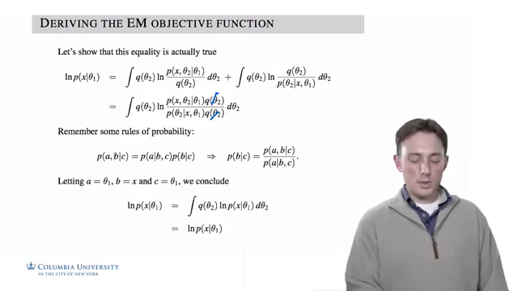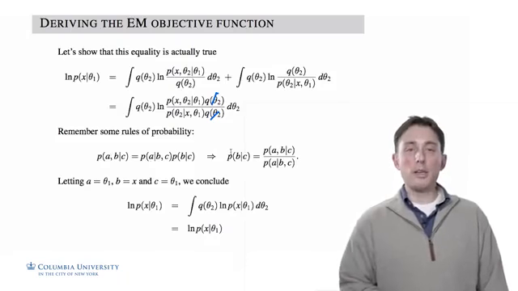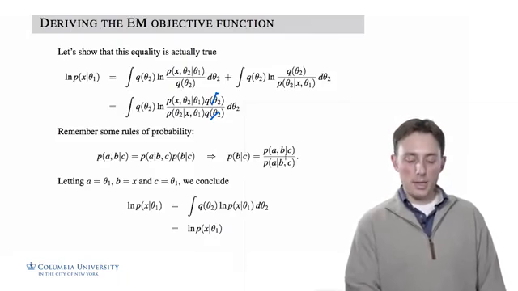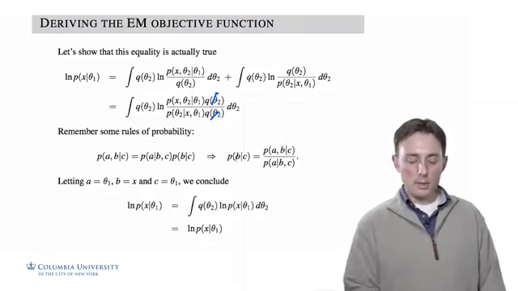And since this is true, we can now solve for B given C by dividing both sides by this term to find that the probability of B given C can be written in this way. Notice that there's an A on this side, but there's no A on this side.